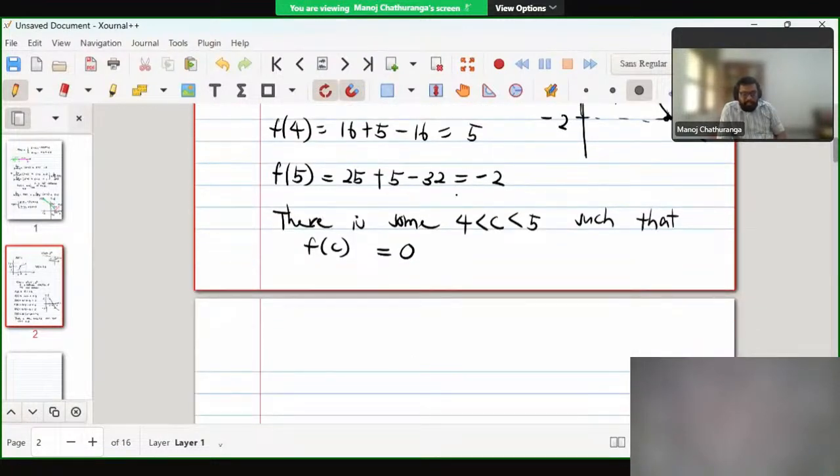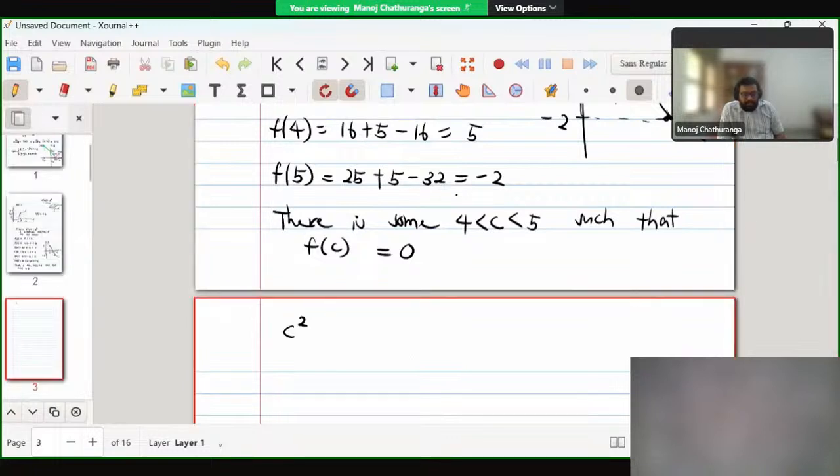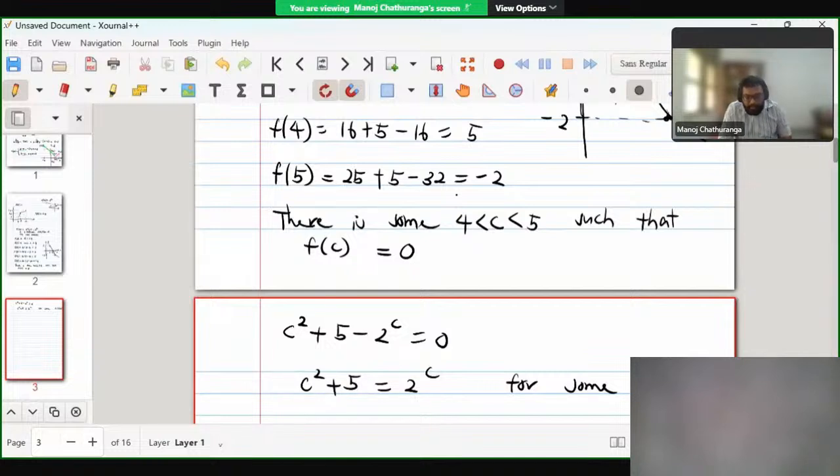What is f of c? This is c squared plus 5 minus 2 to the power c. So c squared plus 5 equals 2 to the power c for some c value in the open interval 4, 5. It is not 4, not 5, some number between 4 and 5.